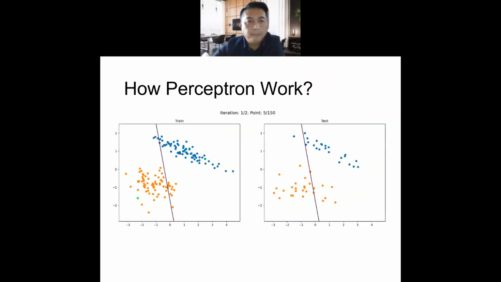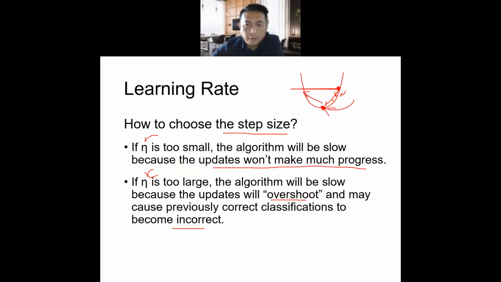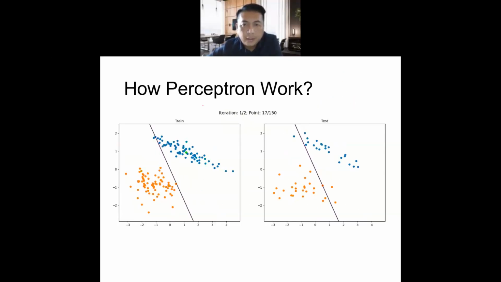And this illustrates how the perceptron works. For each sample, it will adjust the line. Do you want to see it again?